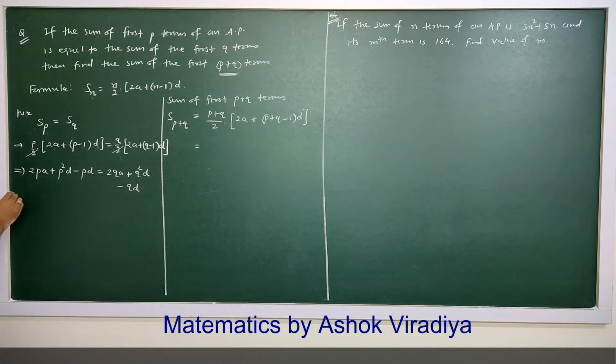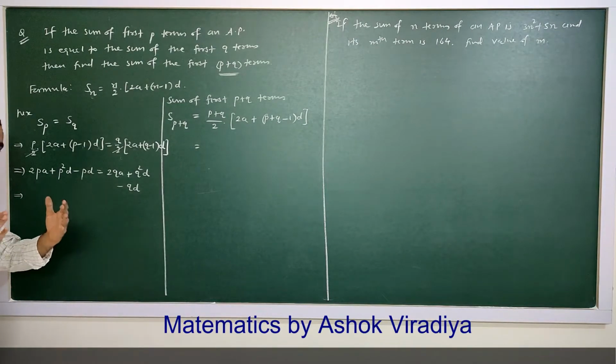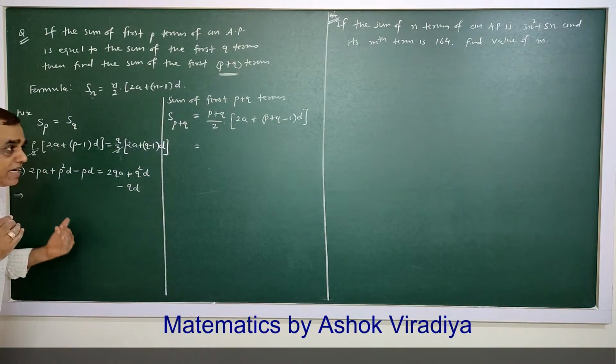Now this implies, we are arranging in such a way that we can get a relation between p and q.